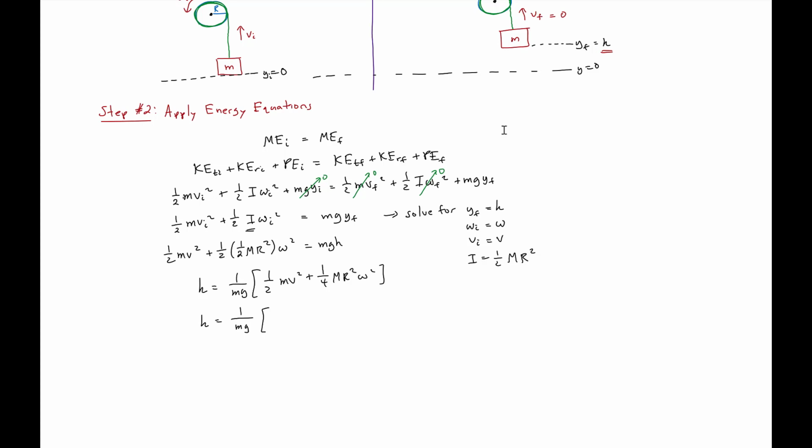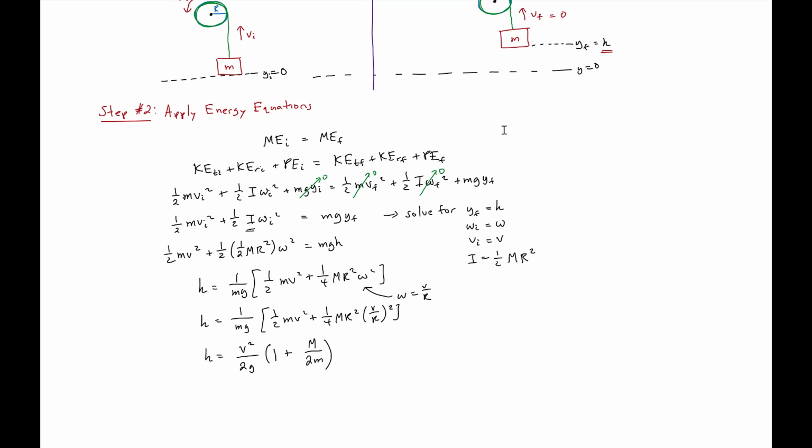We can either leave it as this, or if you want, you can also say that omega is equal to v over r, and we end up with 1/2 mv squared plus 1 over 4 Mr squared v over r squared, and h is equal to v squared over 2g times 1 plus M over 2m.